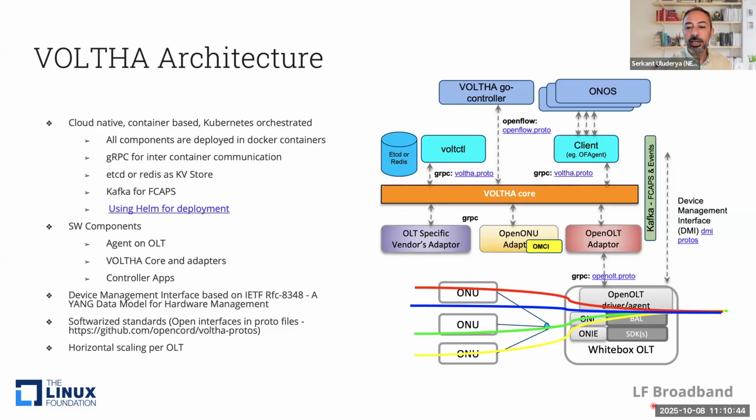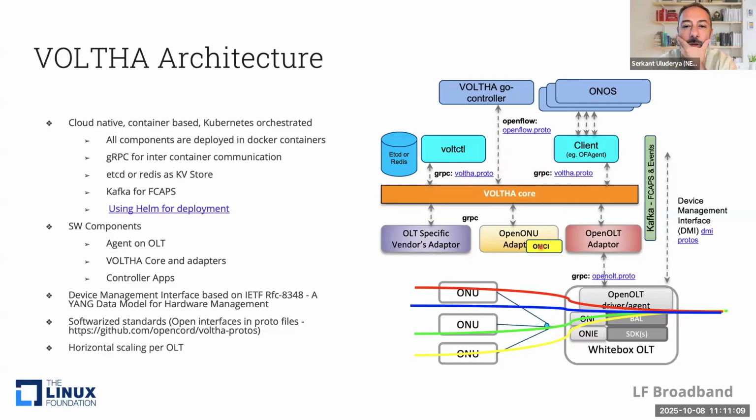Those protos are defined in another open source repository called VOLTHA protos. You can implement any client using those protos, because they define the northbound interface of VOLTHA core. So you can implement something similar to VoltCTL or any other client you would like to have.